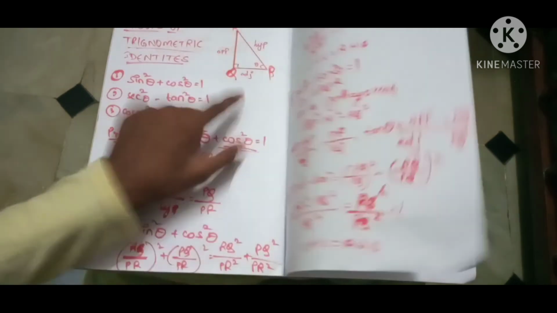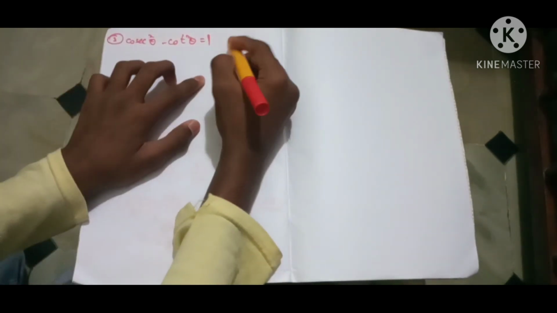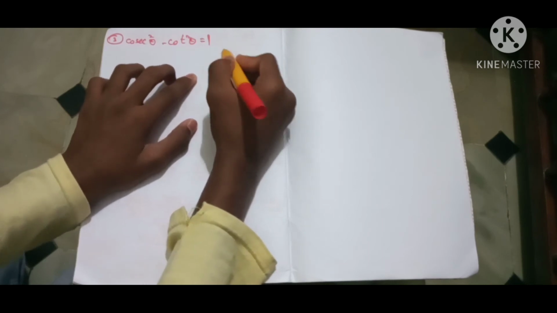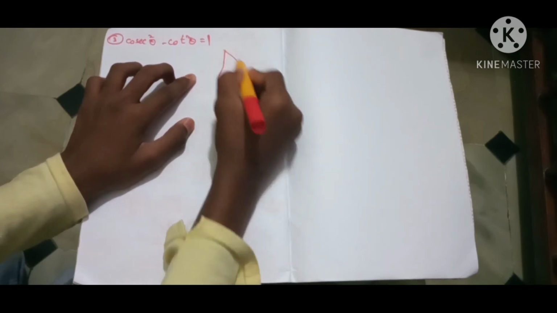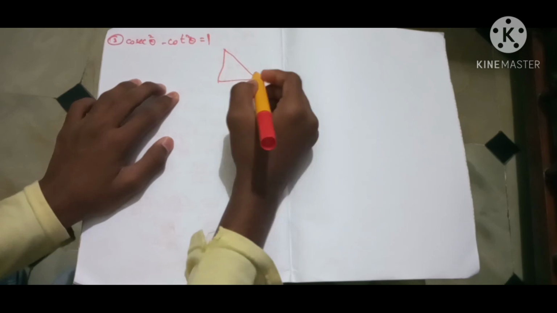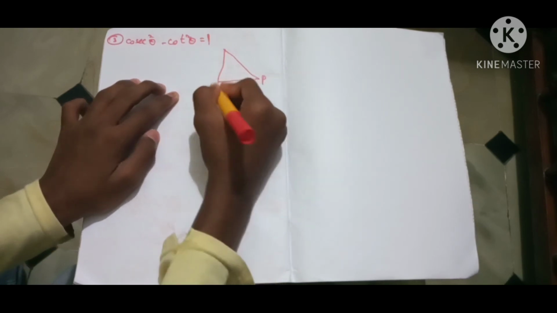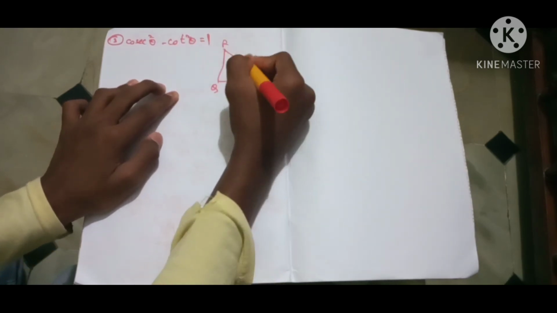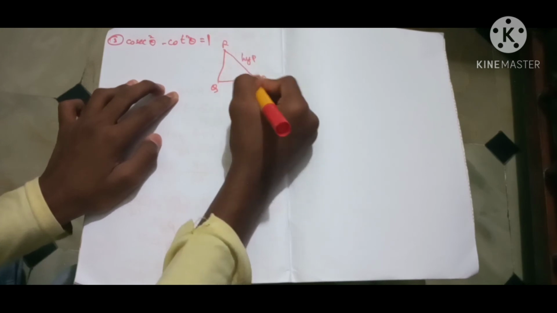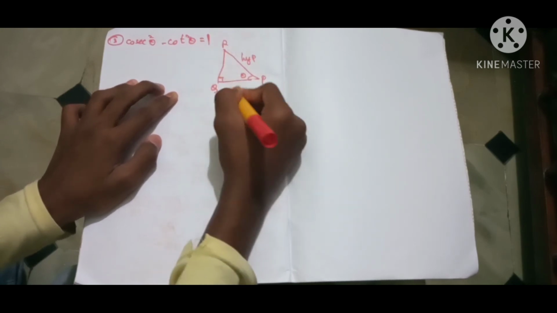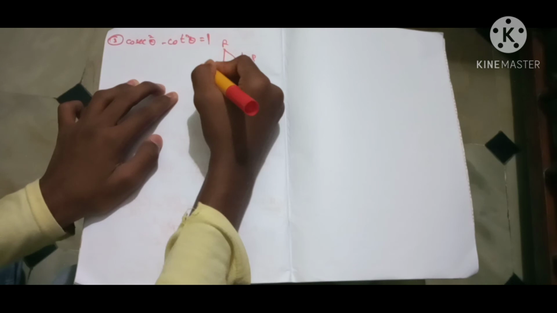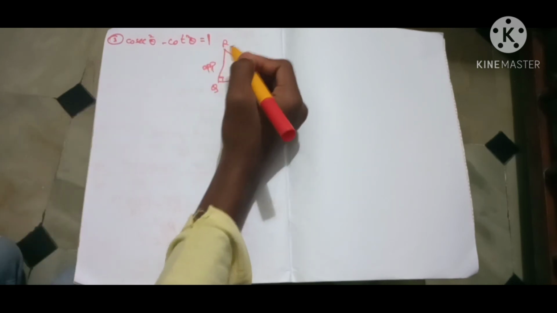You remember this diagram? I'm drawing this diagram here again, roughly. This is P, Q, R. This is the hypotenuse, this is the angle theta, and it's a right angle, adjacent, opposite.